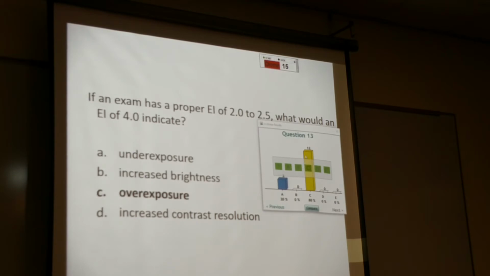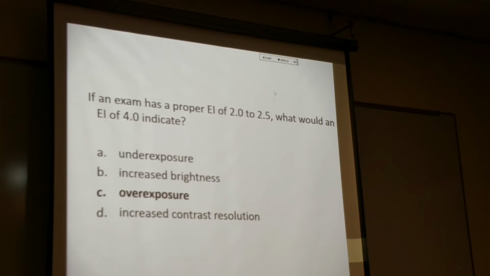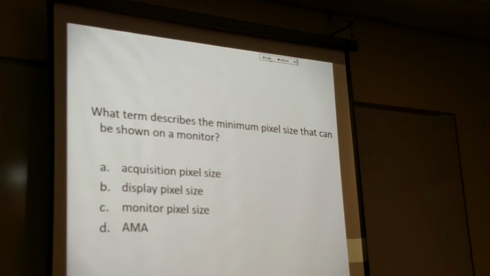Okay, so most of you got that one. So EI is a direct relationship, which we like. The higher the number, the more exposure. The S number is the one that is different.